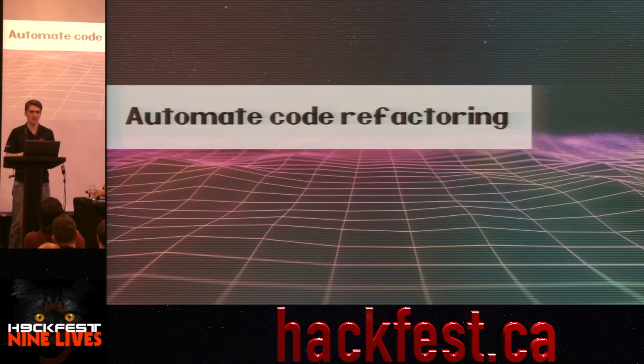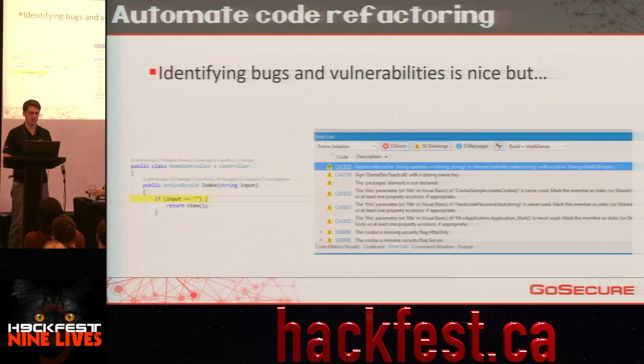A bonus I wanted to add: I'm developing an extension for Roslyn for .NET applications. An interesting concept with Roslyn is that you can identify vulnerabilities that will be displayed in Visual Studio. This is one example that is not a security bug, just to show you the basic integration.